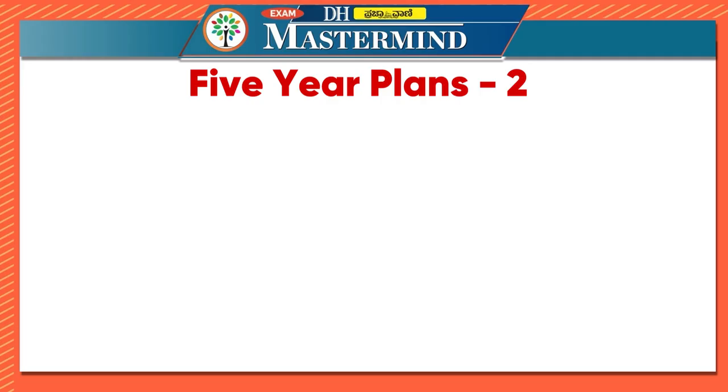Okay, so there is a final approval which is being given for the 5-year plan. Whatever 5-year plans are formulated, who formulates the 5-year plan? It is formulated by the Planning Commission.